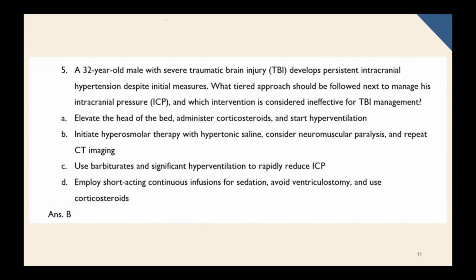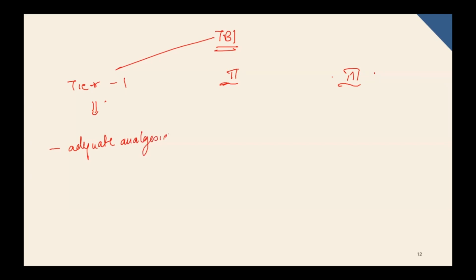So what does tier 1 have? The management of severe traumatic brain injury has 3 tiers, that is tier 1, tier 2 and tier 3. Tier 1 is basically showing that you need to control the pain, that is by adequate analgesia. Okay. Control the pain.